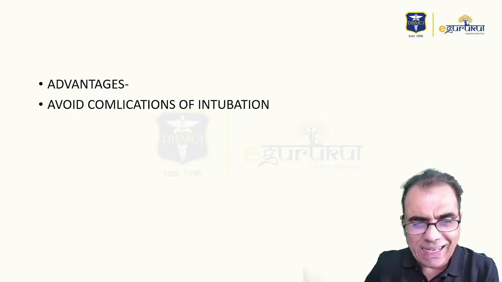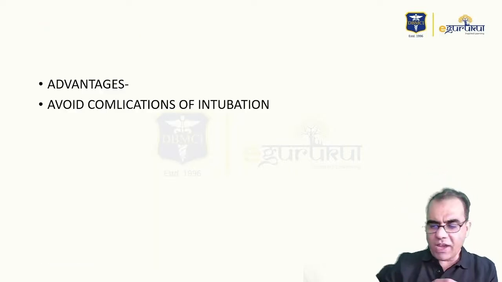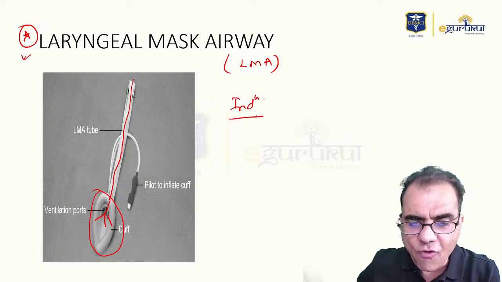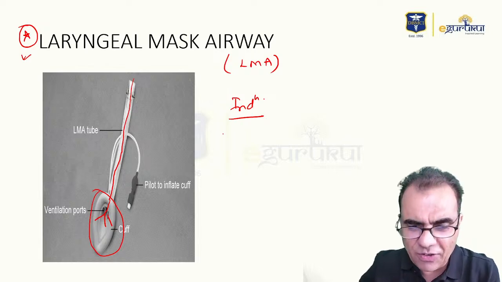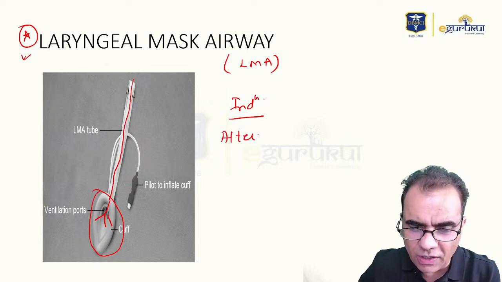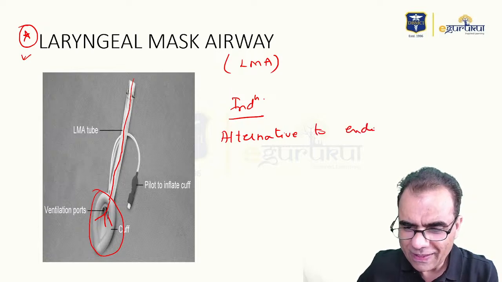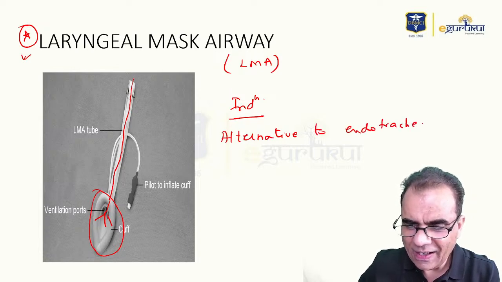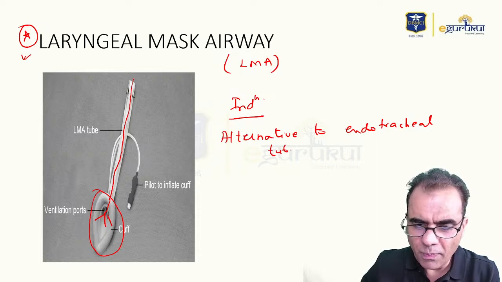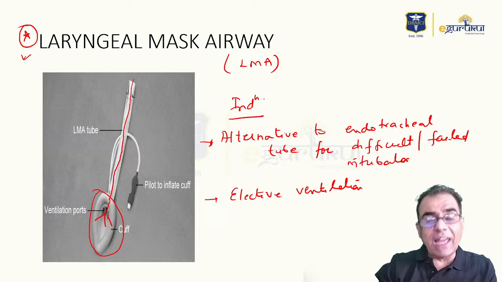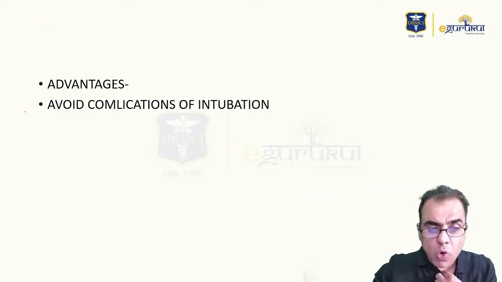So basically, when LMA was manufactured, the indication was as an alternative to the endotracheal tube, so you can avoid the complications of intubation.